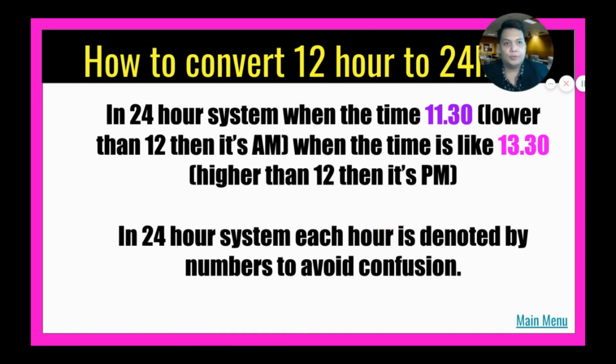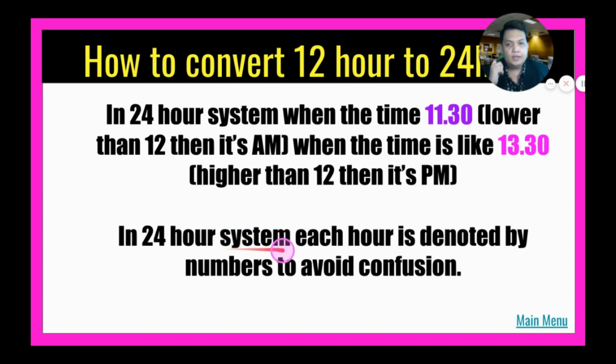So we have a few examples right over here. In the 24-hour system, when the time is 11:30, since 11 is lower than 12, then it's AM. When the time is like 1330 hours, and 13 is higher than 12, then it's an indication it's already PM.